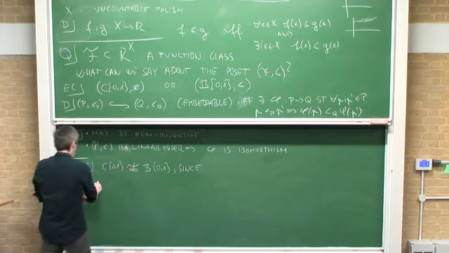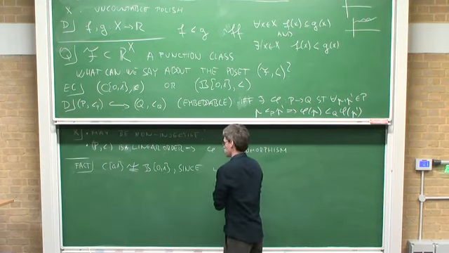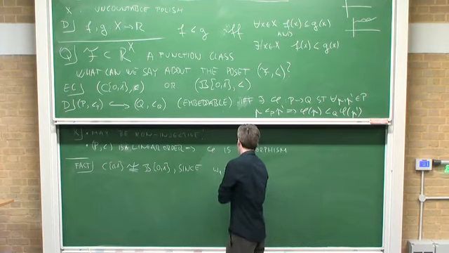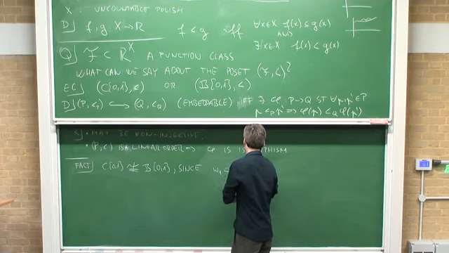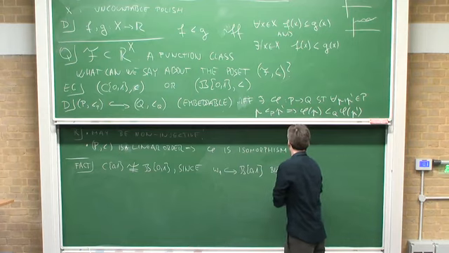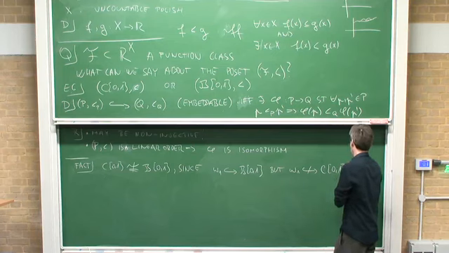So it's obvious, since omega-1, considered as a partially ordered set, but you know what I mean, embeds into Borel functions, but omega-1 does not embed into the continuous functions.